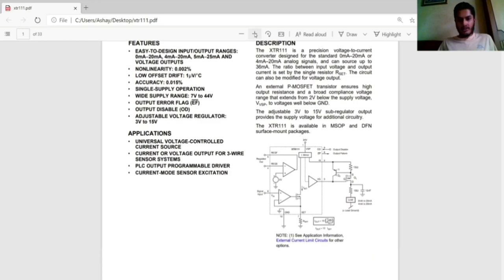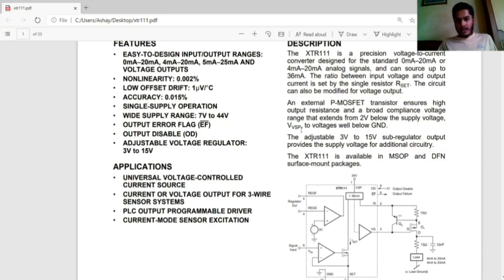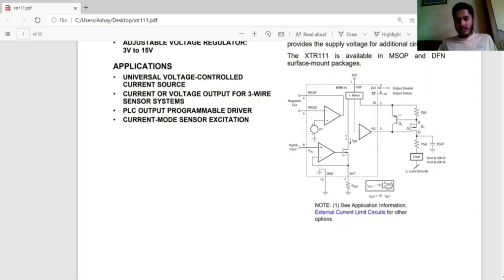So let me zoom it in, and here we can see that within the functional diagram they have used op-amps, but there aren't any resistances whatsoever. They have completely discarded the resistors, since in the previous configurations, that is the grounded load and floating load configurations, we were using resistors of 250 ohms, which ideally need to be as high as possible.